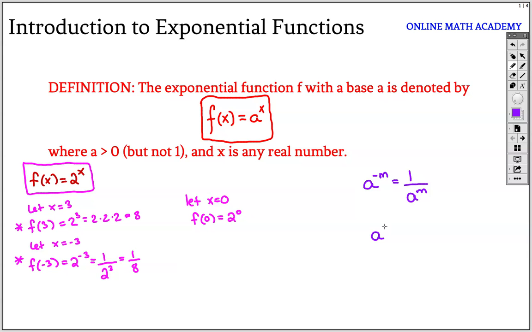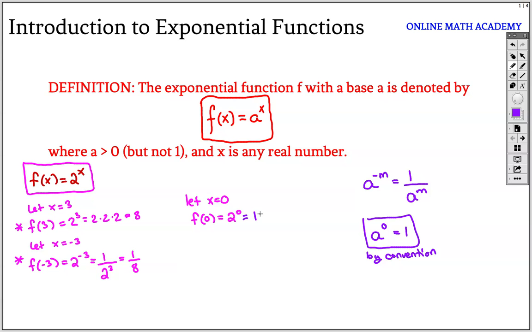Any real number a raised to the 0th power is 1, and this is by convention. In math, sometimes there are things that are just done by convention, and this is one of them. So whenever you see something raised to the 0th power, you can automatically say that equals 1.